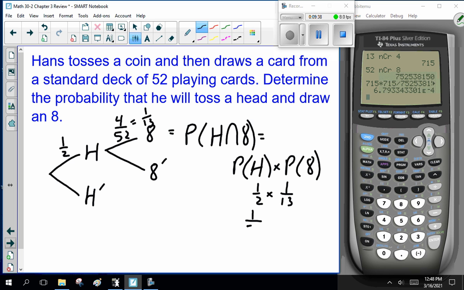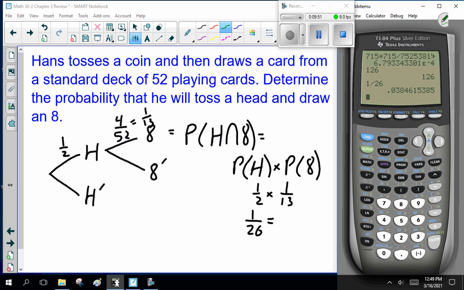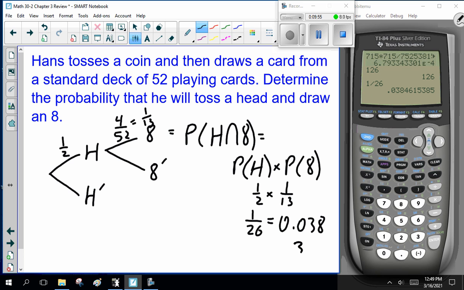So that's 1 in 26. And I can't do that math in my head. 1 divided by 26 is 0.038, about a 3.8% chance of getting a head and drawing an 8. I figured I wouldn't bet on that.